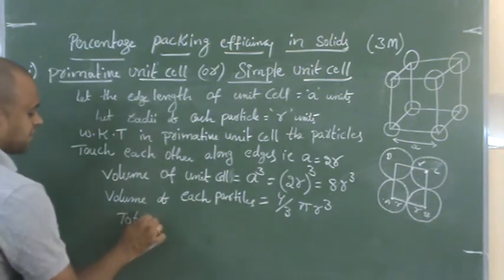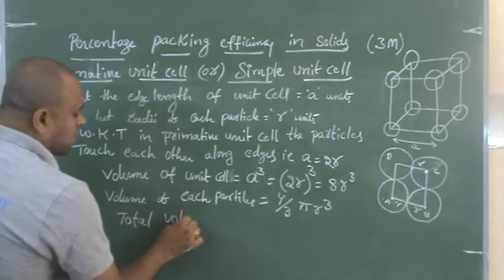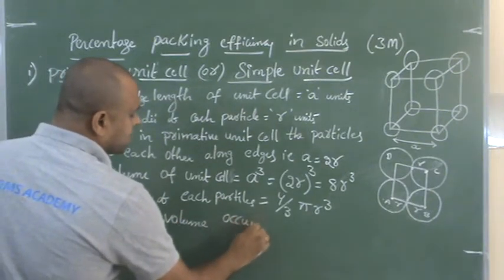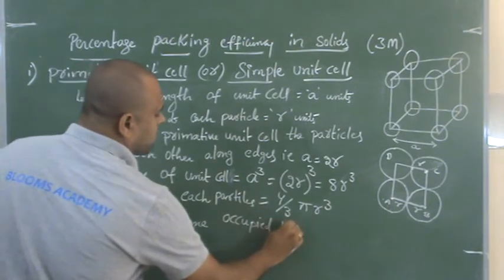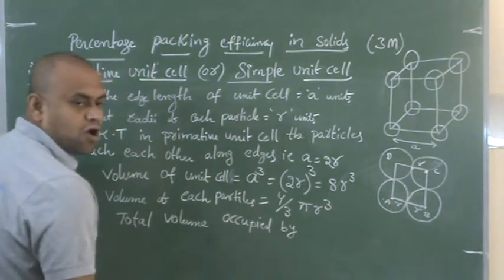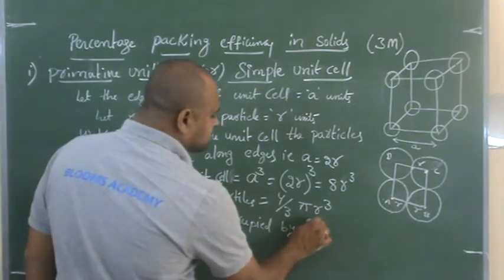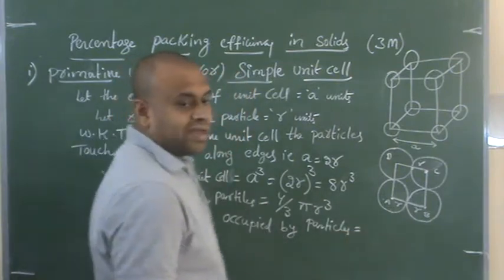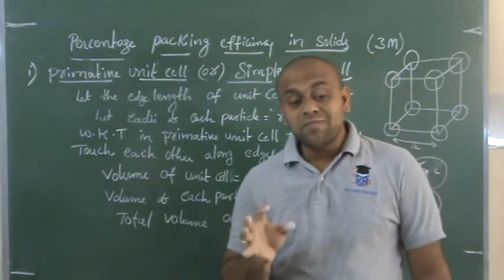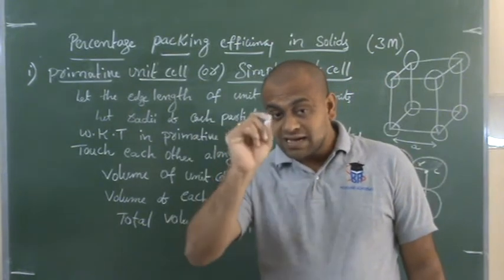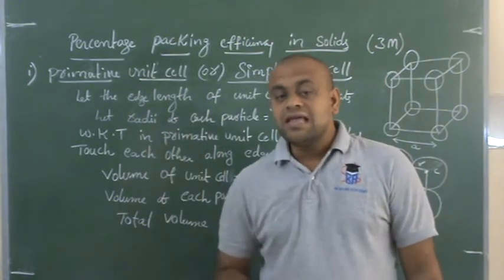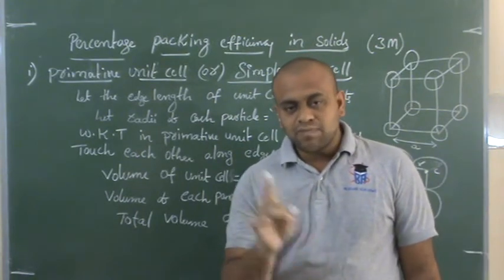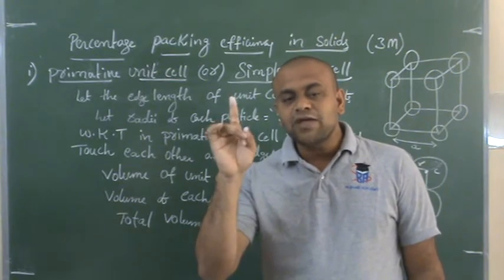Total volume occupied by particles is equal to, in a primitive unit cell, how many particles are there? We had calculated the number of particles in a unit cell. In primitive unit cell, how many particles are there? 1 particle. Please refer to number of particles in a unit cell.